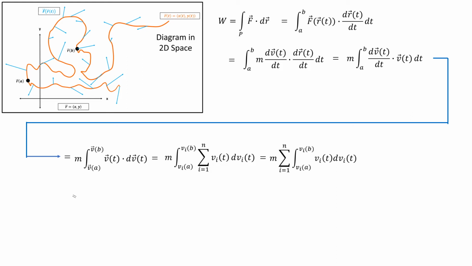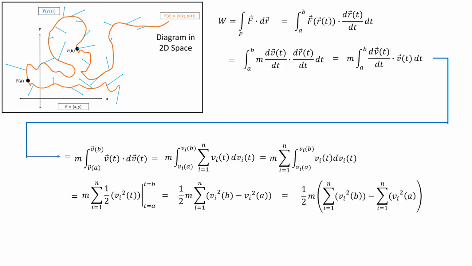So here we can see that we are already beginning to get something that looks like kinetic energy. Now, all we have to do is recognize the crucial step that the sum over all squared components of the velocity vector is equal to the square of the magnitude of the velocity vector.